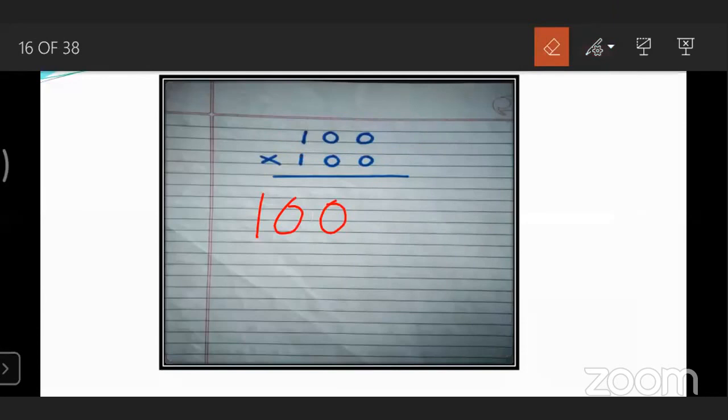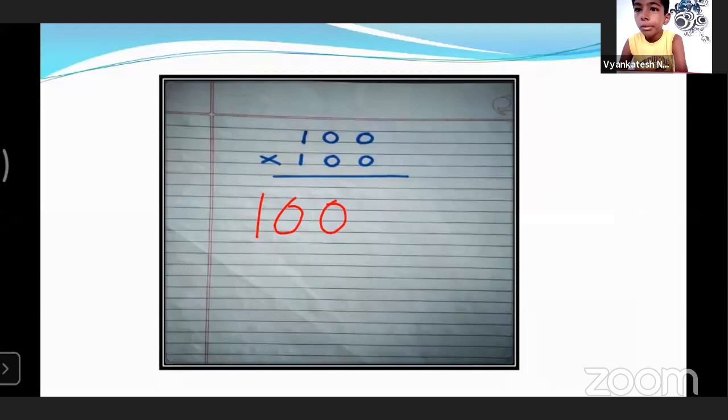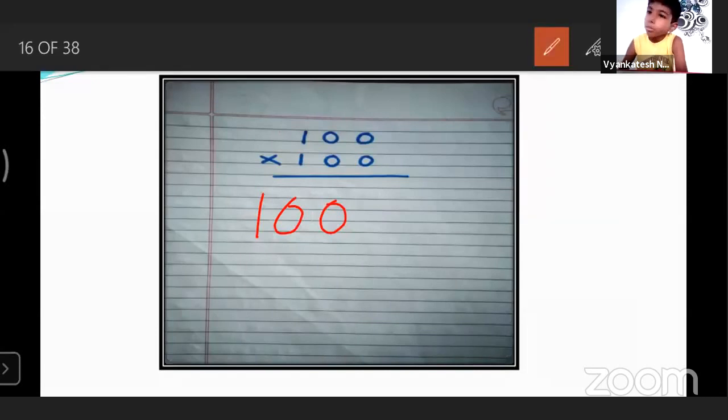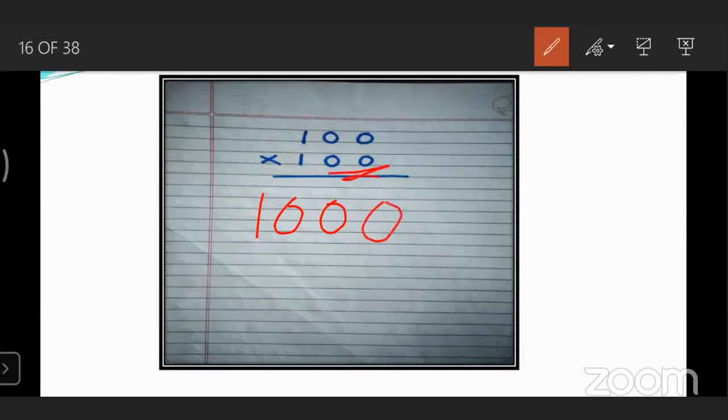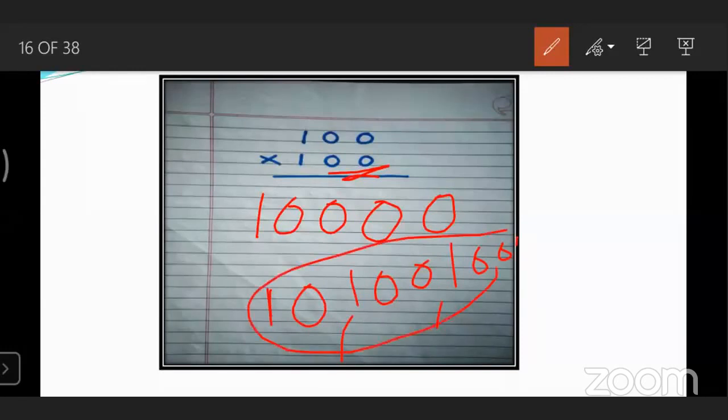Now we have written this number 100. Now how many zeros are here? 2. Yes, very good. So we can write down these 2 zeros directly here and we will get the answer within a fraction of time. No need to multiply step by step, right? But we can do this when there is a multiplication of 10, 100, 1000 or multiples of 10, okay? When there is a multiplication like this, we can do this.